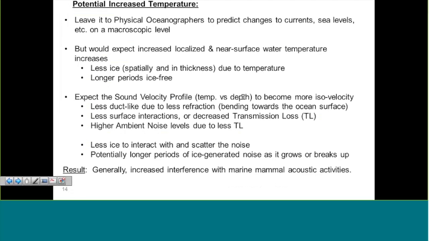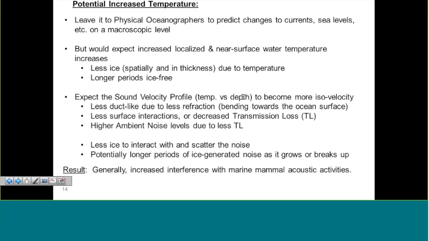But there are some things that you would expect to happen with water temperatures warming. If you remember, I talked about the Arctic waters primarily being pretty close to 36 degrees, even at the warmest, and there's very, very little surface warming. As that changes, what you would expect is that you'll get more of a sound velocity profile like was seen in the normal oceans.